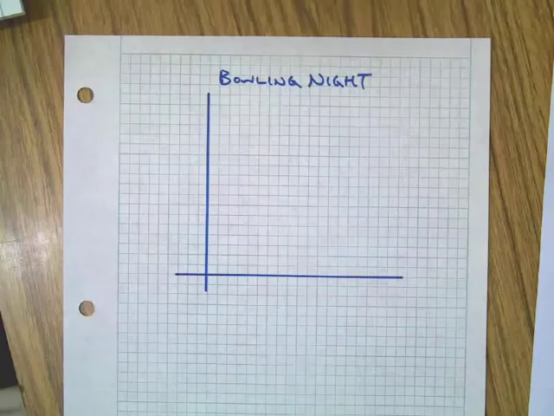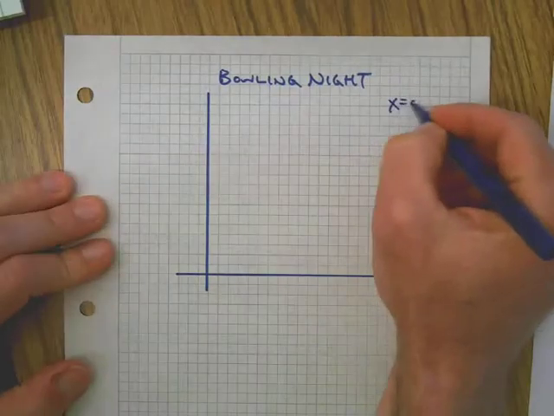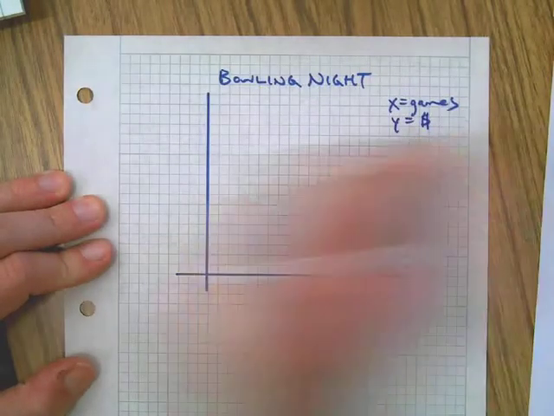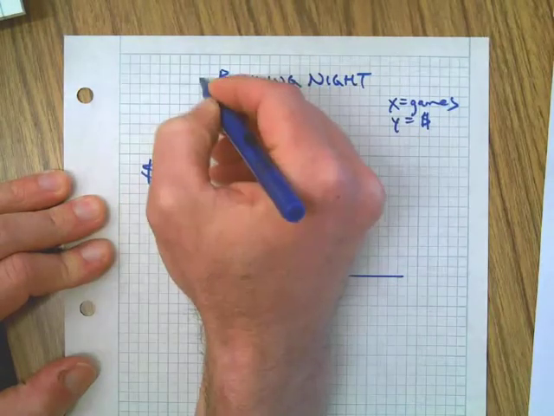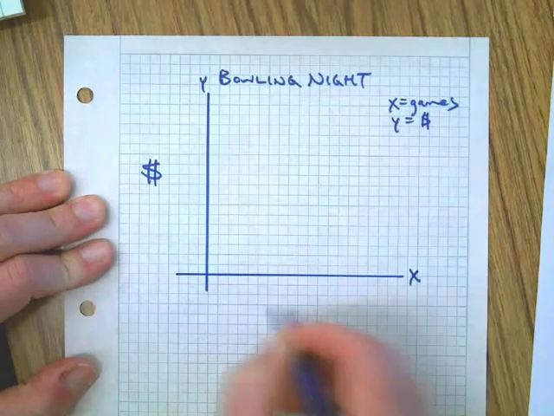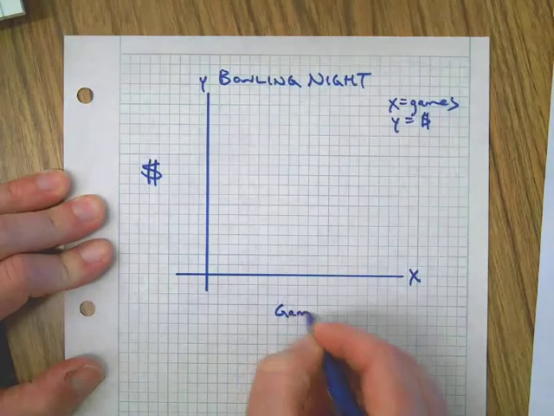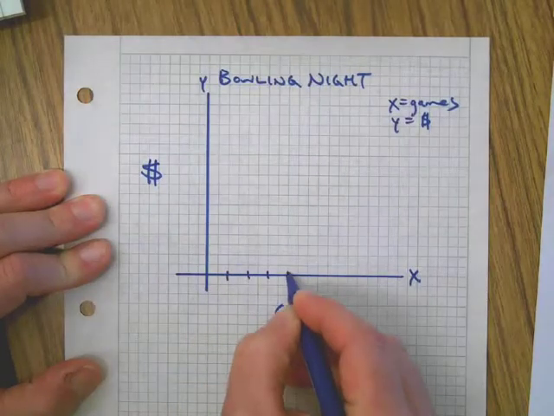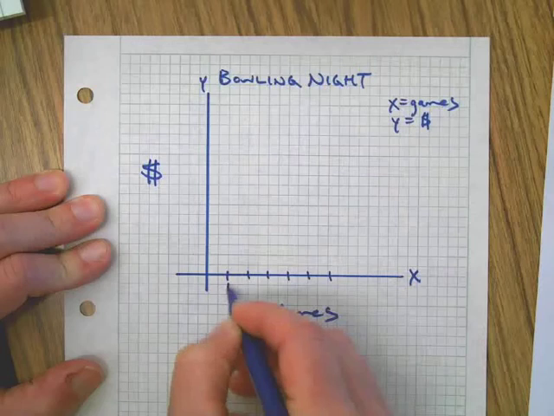If you remember from all that work we did, x equals games and y equals money. So since that's the y-axis, that's money, and this is the x-axis, that's the number of games. I'm going to spread these out so we can get a nice picture of what's going on.